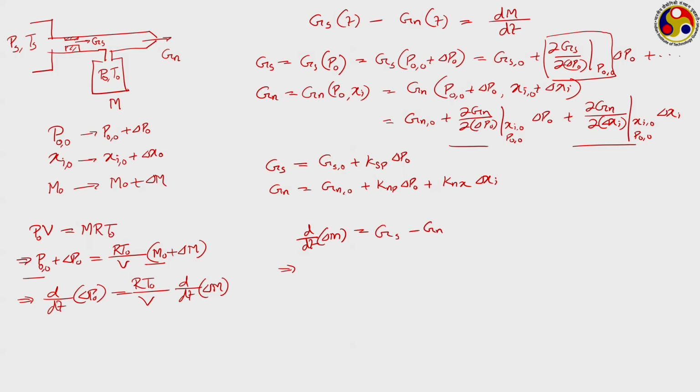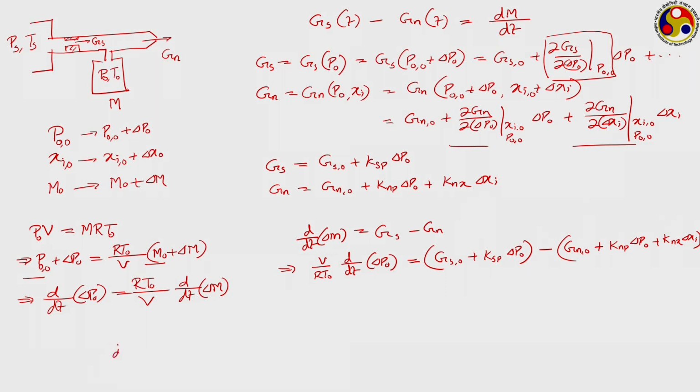Therefore, we can write that V by R T0 into d dt of delta P0 should be equal to what we derived earlier. Gs is this, minus Gn is this. Now, when the system is under equilibrium, then Gs and Gn should be such that there is no mass accumulation in the tank.